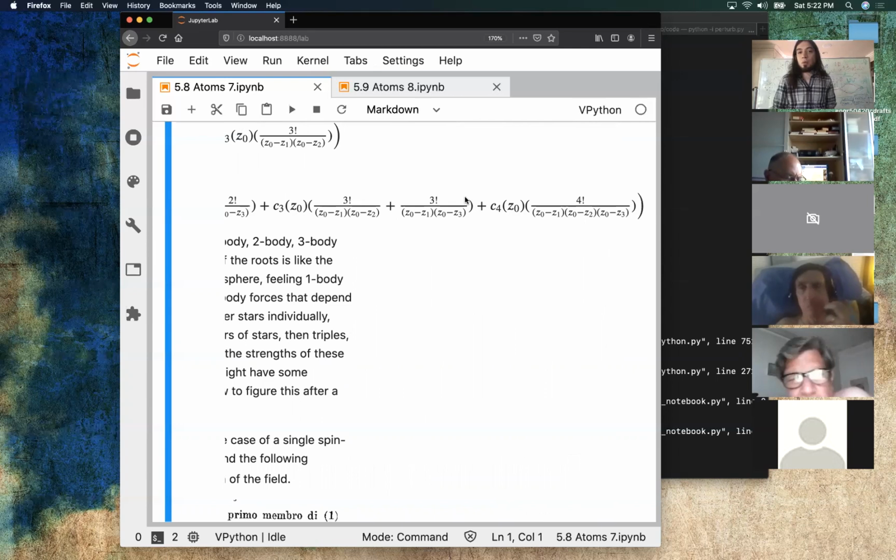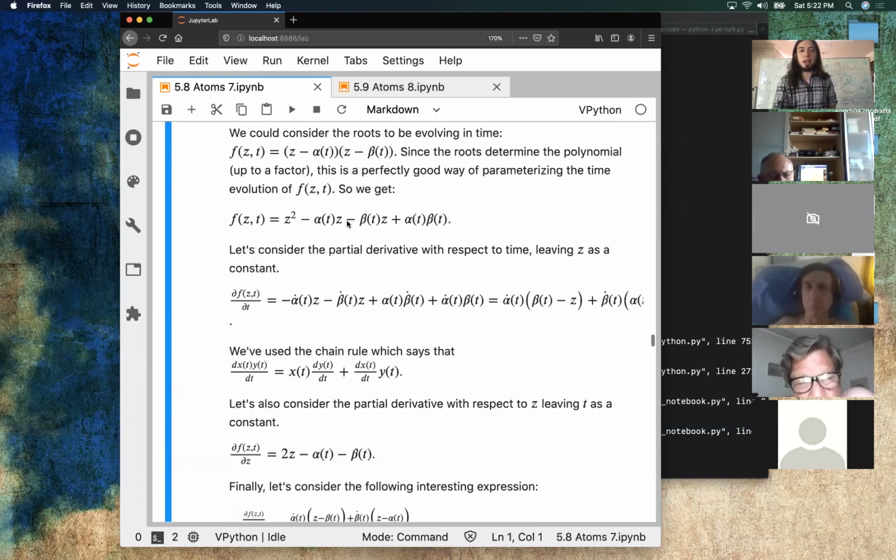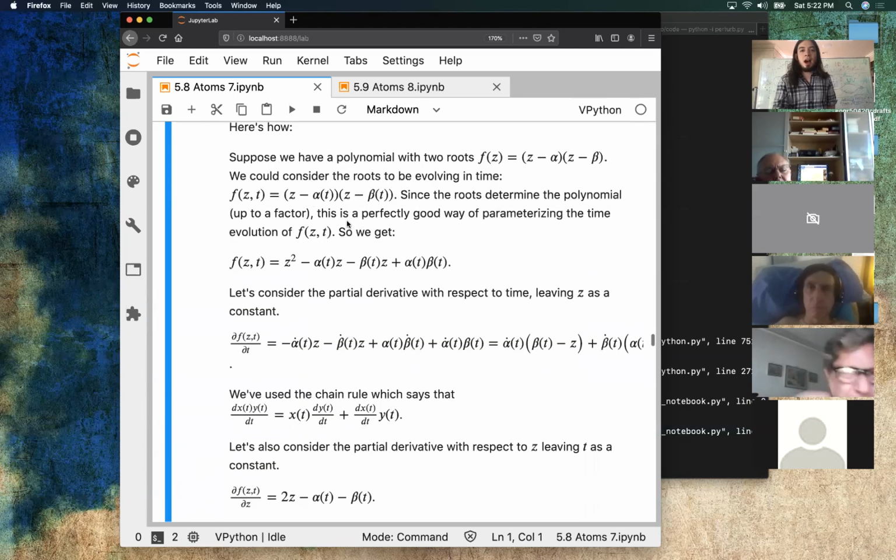Okay, agreed, Andre. But how does this relate to an nth order polynomial? We were always told that you can't solve a polynomial in closed form for greater than fifth order. Well, one way of saying it is like this: when I started up here, I already assumed this factorization, z minus alpha t and z minus beta t.